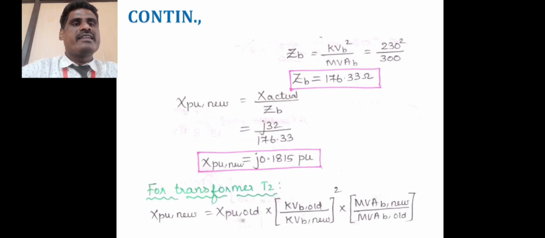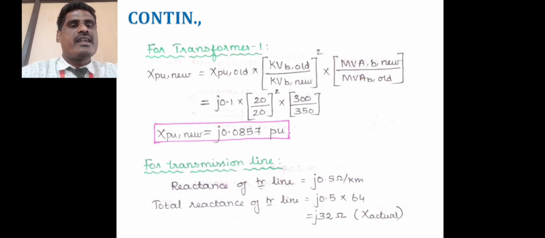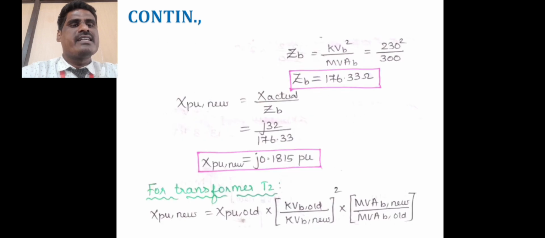Next we can calculate ZB. What is the reason for calculating the ZB? That means the base impedance value: after calculating, the new per unit reactance equals X actual divided by Z base. In this case the actual value j32 is directly given in the problem, already calculated for the transmission line, but the base value is not given.